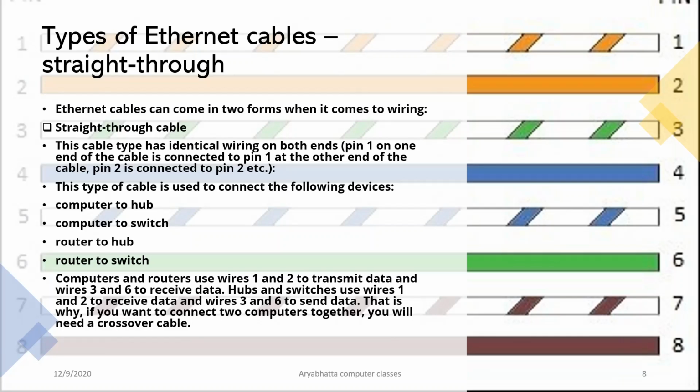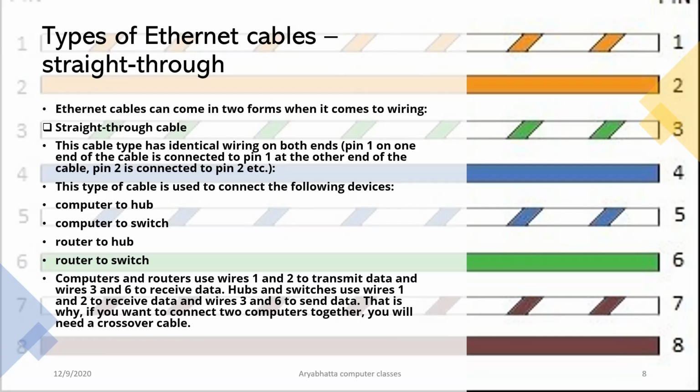So first we have the straight through cable. These cable types have identical wiring at both ends. Pin 1 on one end of the cable is connected to pin 1 at the other end of the cable, pin 2 is connected to pin 2, etc. As its name says, straight through cable means each side of the cable is connected in the same way.